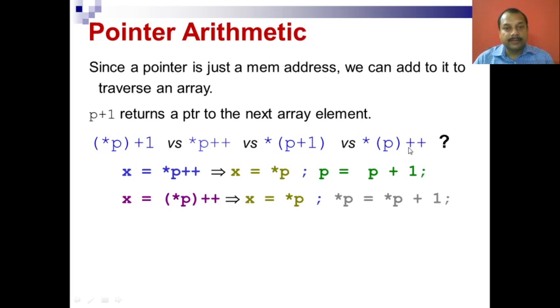Also I insist and encourage that you please implement all four of these and check how they differ or vary. For that, the only thing you need to do is declare one array variable, then declare another integer pointer, say p, take the base address or the address of some position, and perform these.